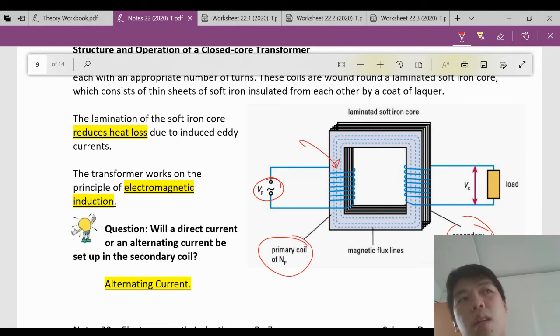When there's an alternating magnetic field being produced by this coil, there will be an alternating magnetic flux through the iron core. When there's alternating magnetic flux, it will generate an alternating electromotive force or EMF, and there will be an alternating current being formed. So yes, the alternating current will be formed at the secondary coil at the load itself.